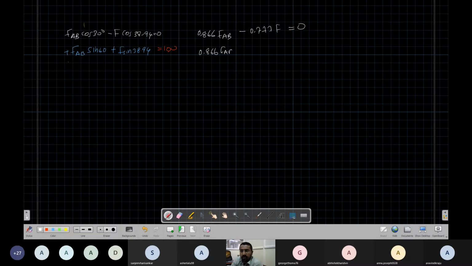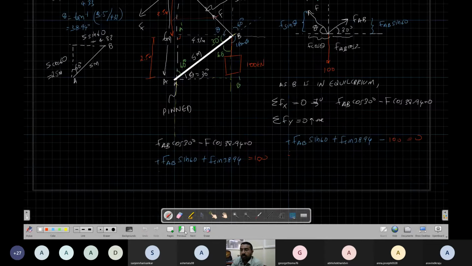0.866 F_AB plus sin 38.94, which is 0.628, times F. This is sin 60 and this is 30.